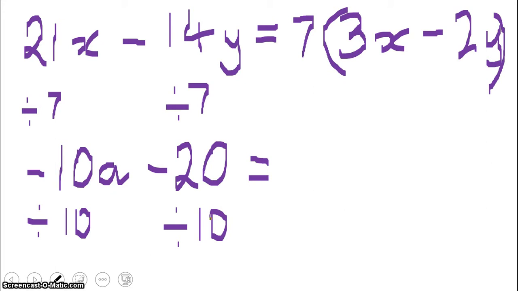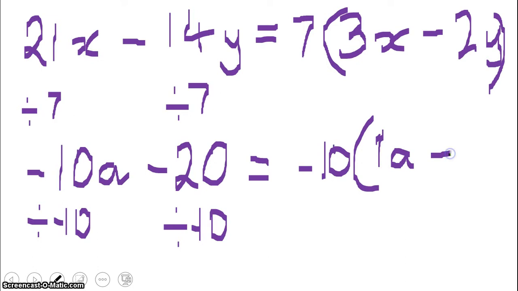I like to put it outside, so I'm going to divide by minus 10 since they're both negative. So I'm going to have minus 10 out the front of my brackets. 10 divided by 10 is 1, so I end up with 1a, minus 2. 20 divided by 10 is 2. Now, I made a mistake here. I've taken that negative factor out, so it's going to be a plus. I don't want you to worry too much about pulling negatives out at the moment, but we'll deal with that a bit later.